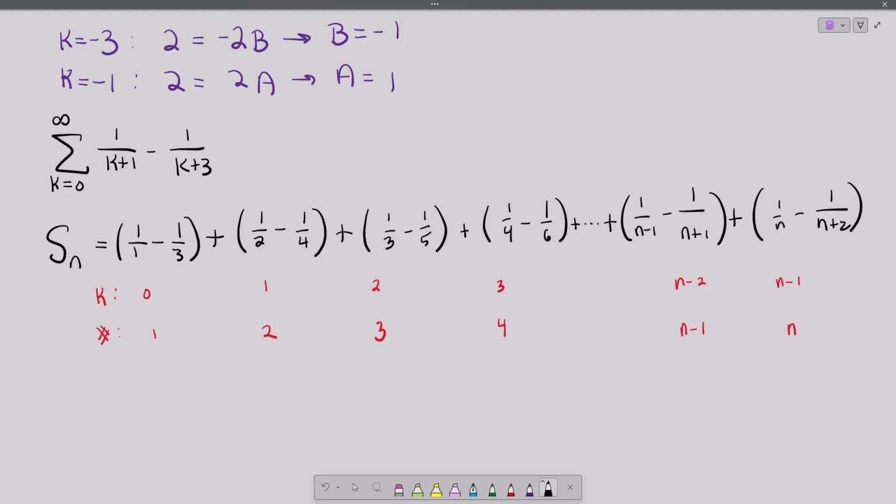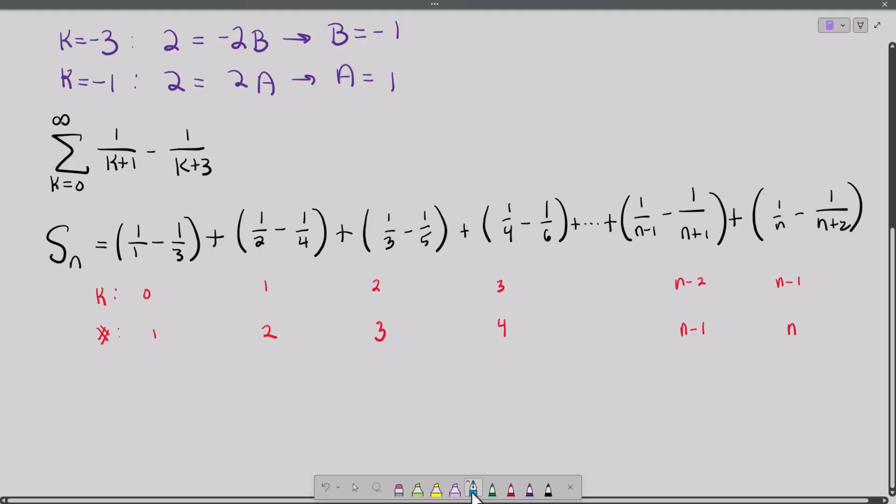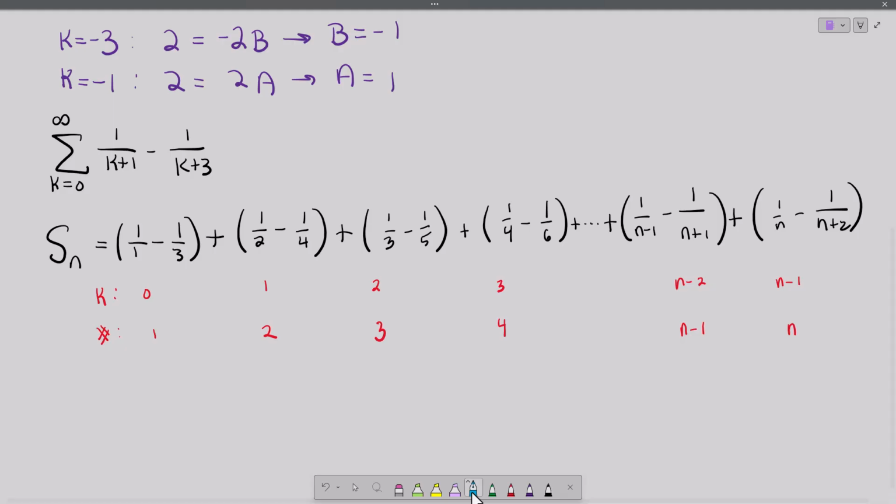Now we figure out the cancellation pattern. So start down here on the left. This is going to cancel with that. So the second part cancels with the first part after you skip a term. So in general, we're thinking to ourselves that second parts are canceling with first parts after a skip.